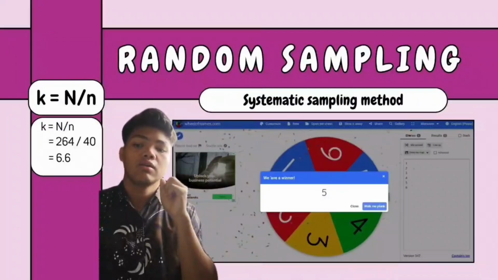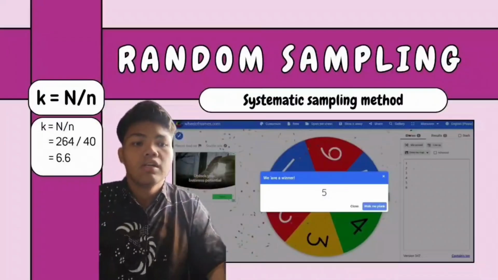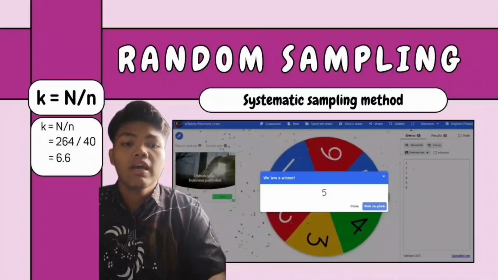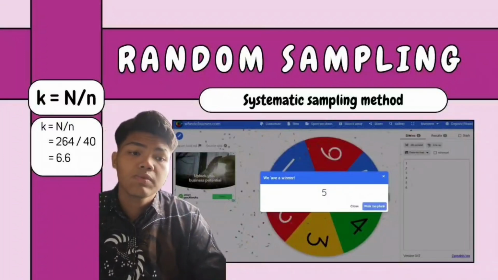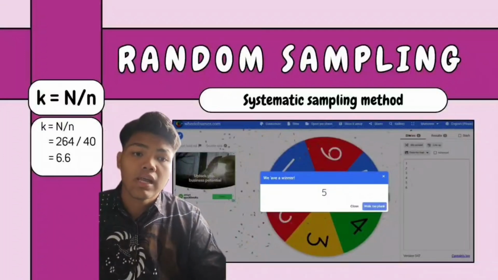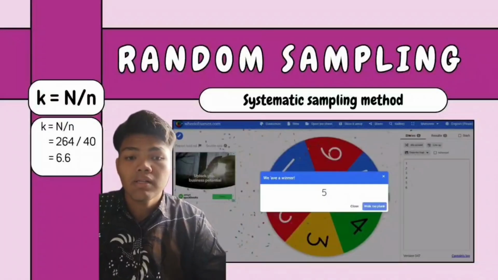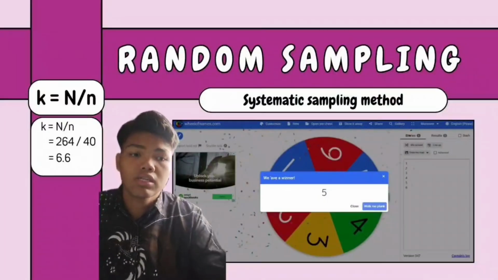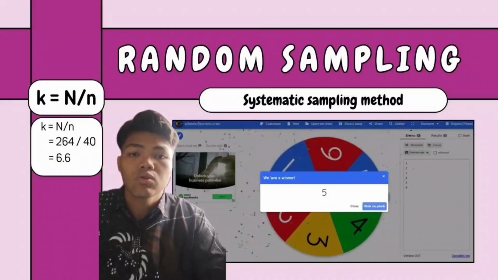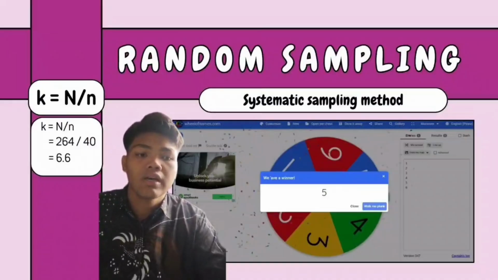So we take 6 as our interval, meaning we select every 6th student from our ordered list to ensure representative sampling. Before we select, we use random selection of a number from 1 to 6 to start our sampling. We use a tool, spin the wheel, and we get 5.